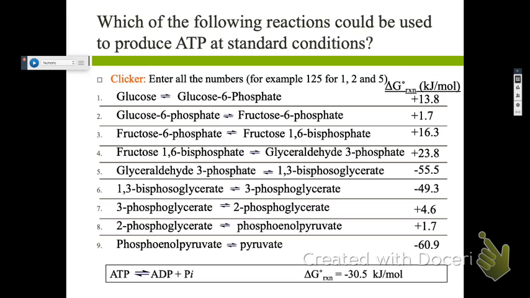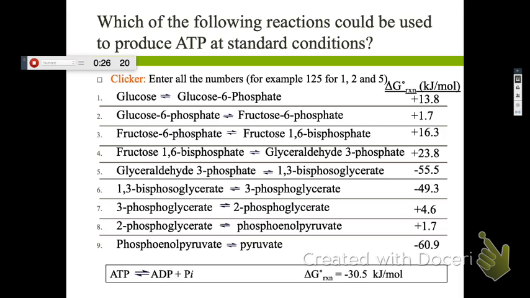Which of these can we use to produce ATP? All right, so go ahead and answer this question. Which of these could we use to generate ATP?